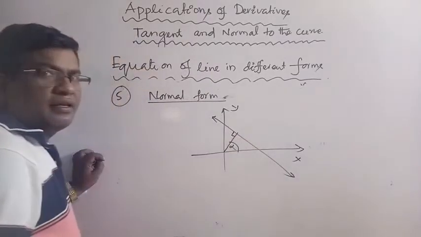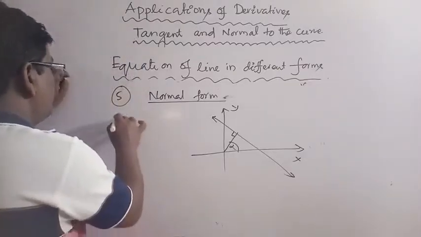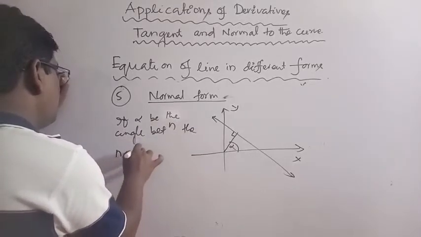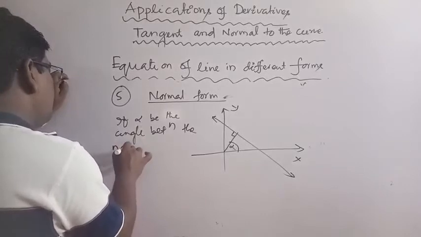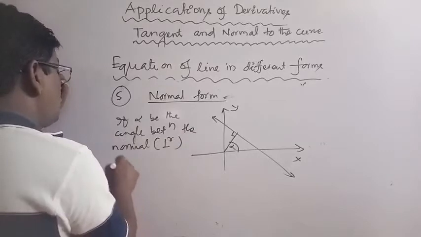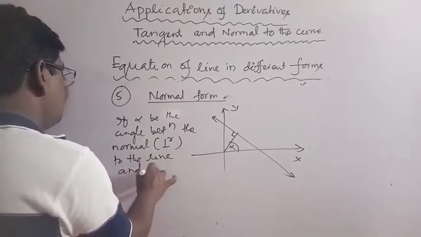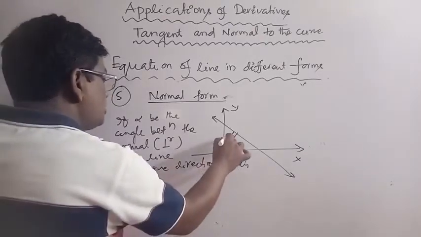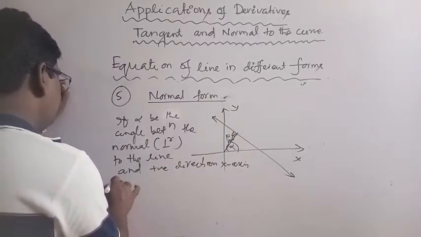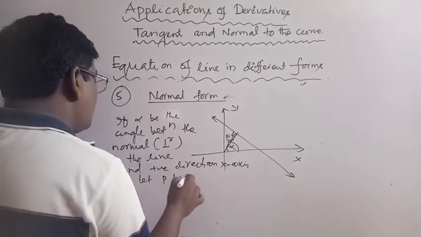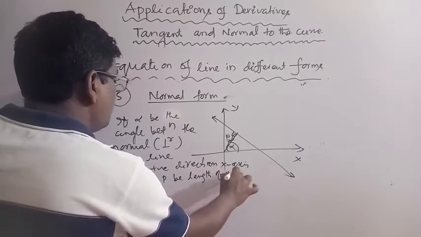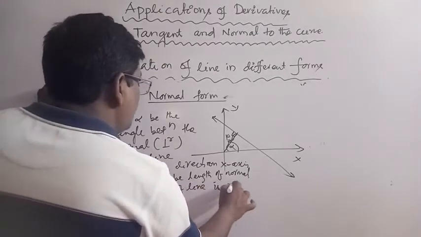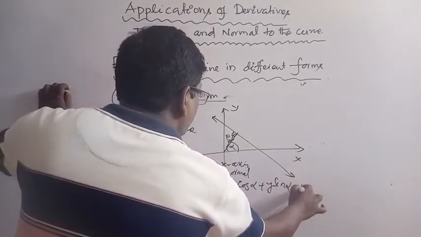If alpha is the angle between the normal, or perpendicular, to the line and the positive direction of x-axis, and let p be the length of the normal, then the equation of line is x cos alpha plus y sin alpha is equal to p. This is the normal form.